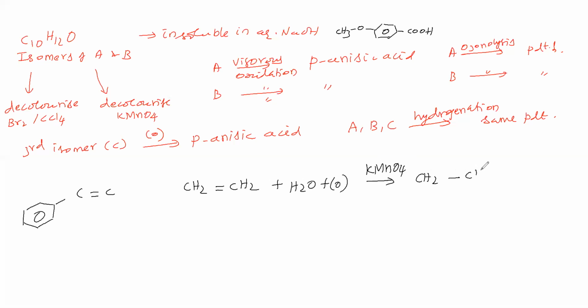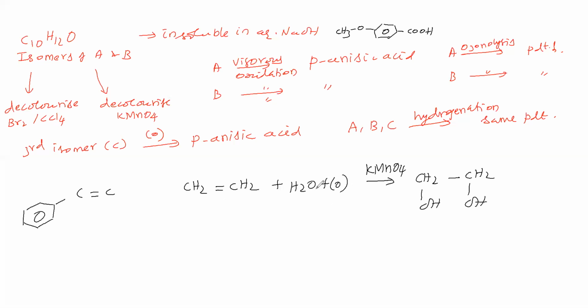Hydroxylation means the C=C double bond is converting into a single bond, and here one OH group is added, and here one OH group is added. At this carbon, one OH group is added. Therefore, this process is called hydroxylation. This is called Baeyer's test, Baeyer's reagent.